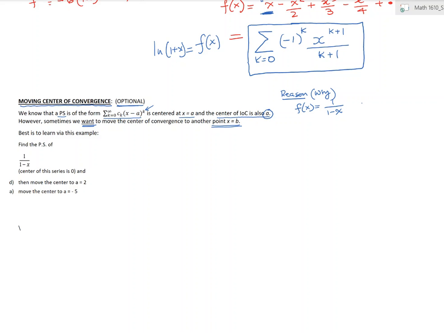So, suppose we want to find f of something. The power series for this we know very well is the sum of x to the power k, k going from 0 to infinity.